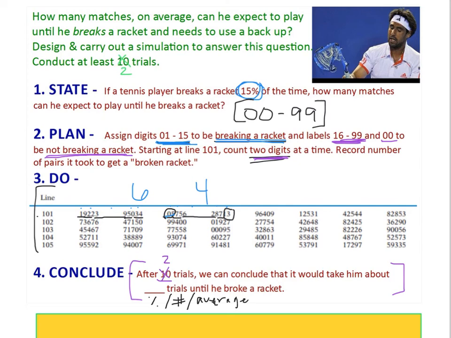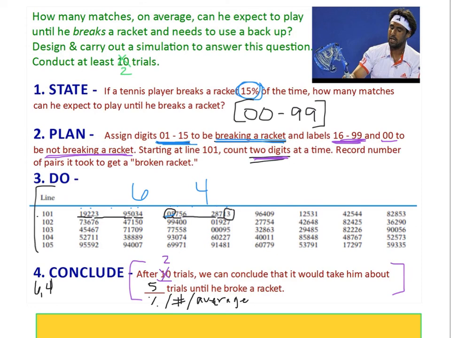Meaning I need to put the average number of games he played until he broke a racket. Well, I only did 2 trials, and my trials were 6 and 4. The average of 6 and 4 would be 5. If I had done 10 trials, I would have had to average together 10 numbers instead of just 2.